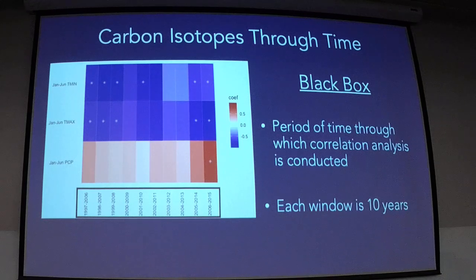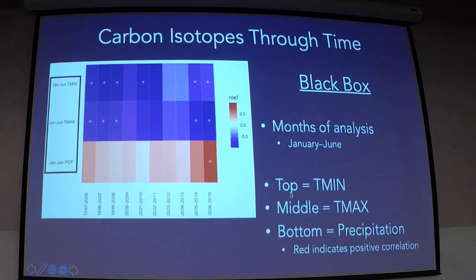That black box indicates the window of time through which each analysis is conducted. Each one of those windows is 10 years. So this first one, I believe, is 1997 to 2006, and then we go all the way to that final window, which is 2006 to 2015. Each one of these blocks represents a 10-year window, and we move that window through time.